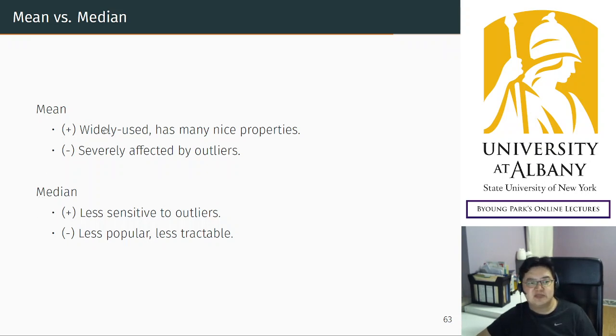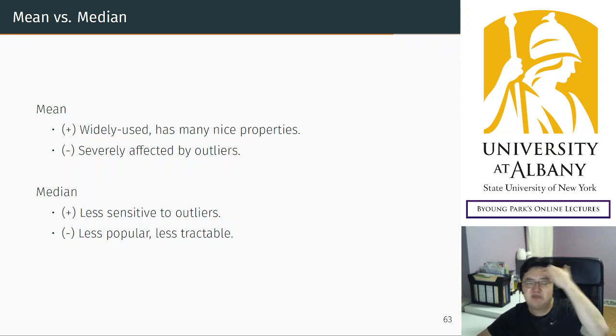So, simply speaking, if you want to use one measure of center, I recommend the mean. However, if you have to worry about outliers, and if you think your data have outliers, then calculate the median too, right?